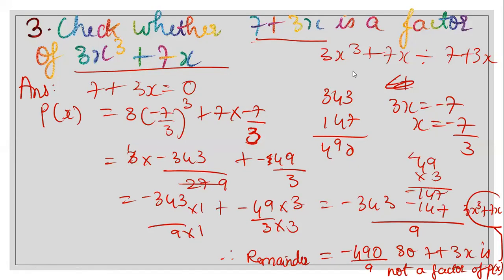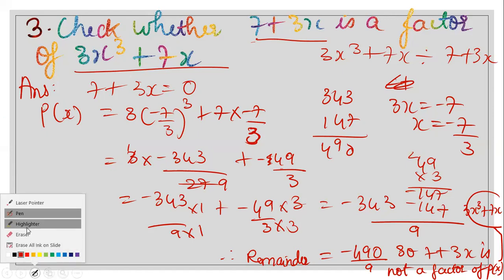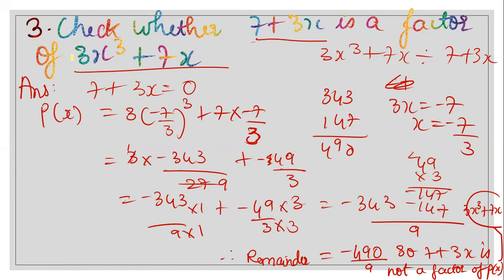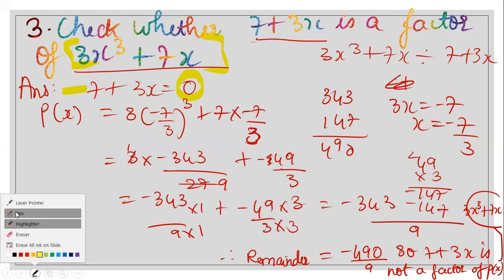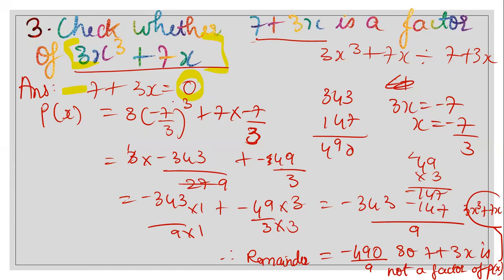So I've written down all the steps, and I will just explain it. Look here, what we've done: we equated the divisor to 0 basically. Then we've written this polynomial of ours in the standard form, that is, p of x is equal to... sorry, I should have written 3x cube plus 7x here.